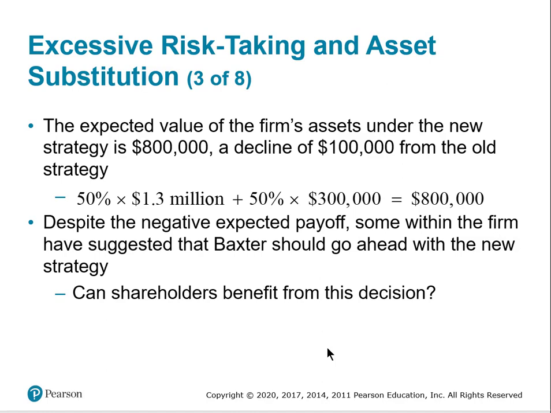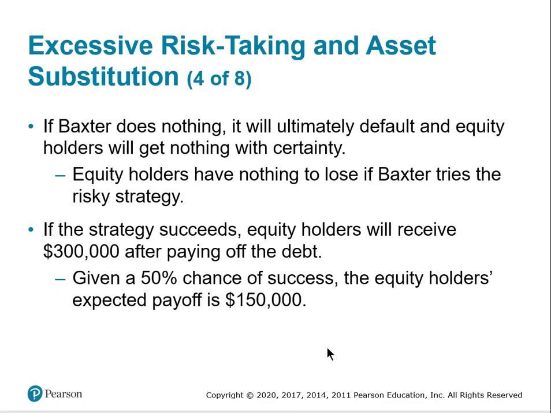So despite this negative expected payoff, some within the company might have suggested that they go ahead with this new strategy. All right, can shareholders benefit from this decision? Well, if they do nothing, they're definitely going to get nothing, right?